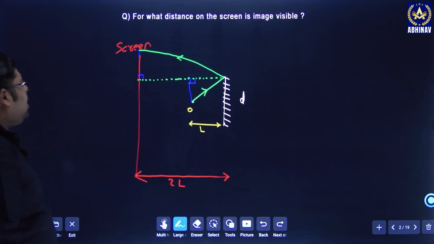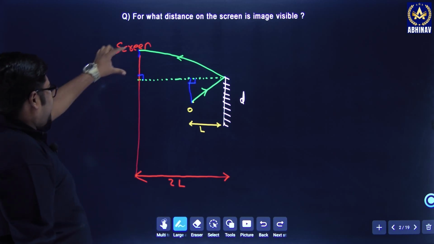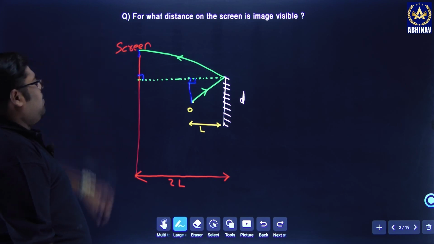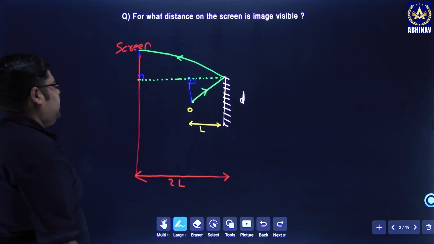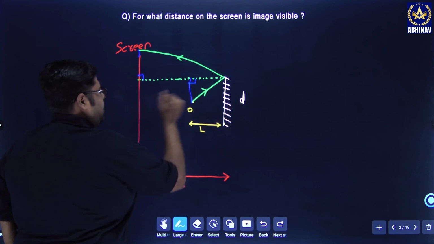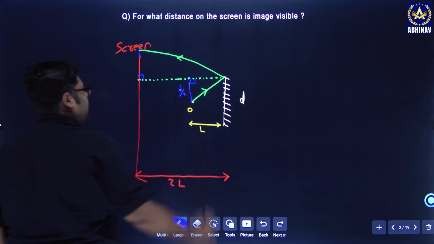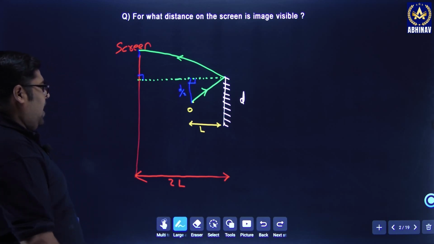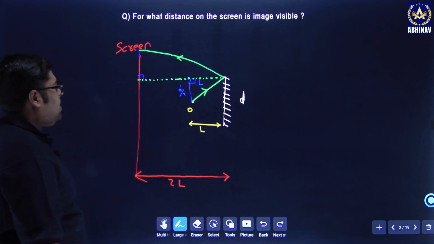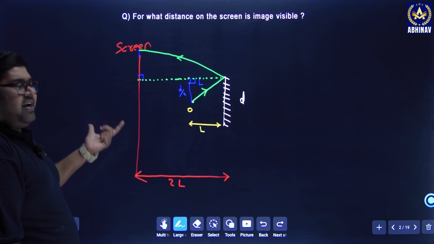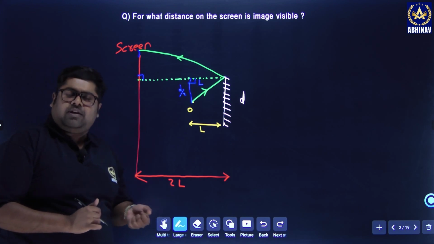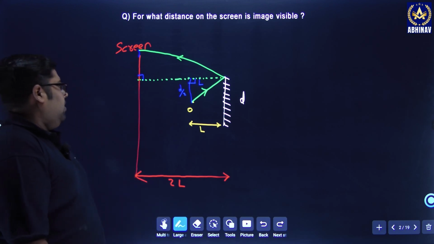Now we need to find this distance on the screen up to which the image is visible. Basically, this side we need to find. By the property of similarity of triangles, if this distance is d, and an object is kept here, this can be d by 2. This distance is d/2, and we already know that this side of the triangle is L. If two triangles are similar, the ratio of their sides is equal.